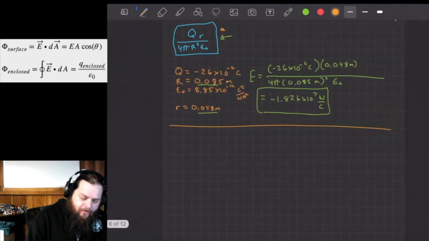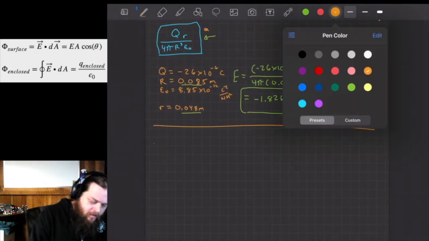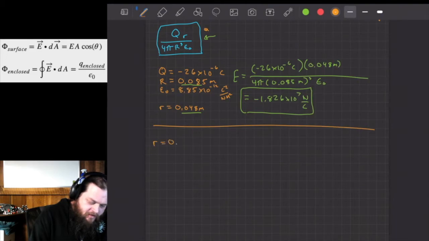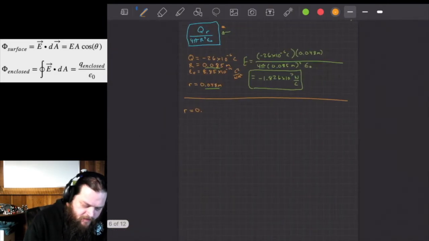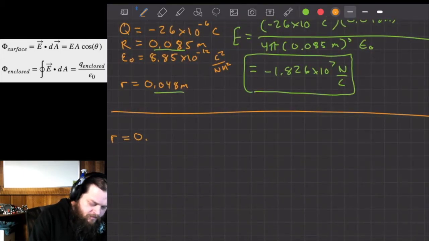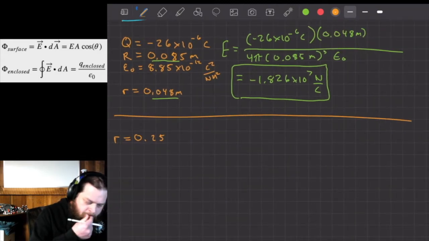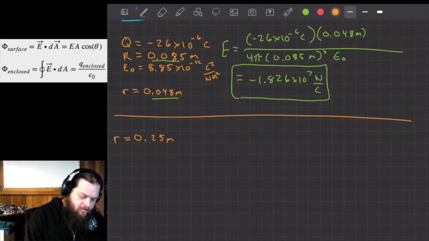So doing that, again, little r here is going to equal 0.25. Was that 2.5? 25 centimeters. So I think that should be 0.25 meters.